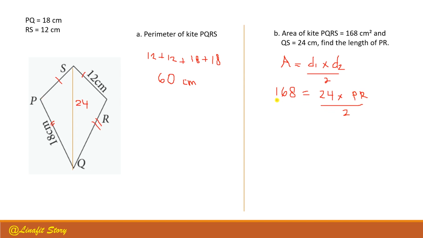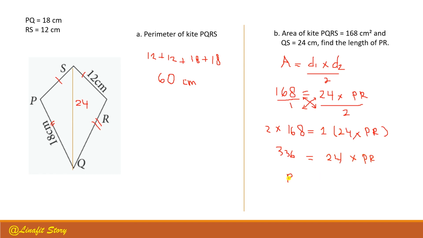We will convert 168 into a fraction. So 168 out of 1. Then cross multiplying. 2 times 168 is equal to 1 times, open bracket, 24 times PR. 2 times 168 is 336 is equal to, expand, 1 times 24 is 24. 1 times PR is PR.